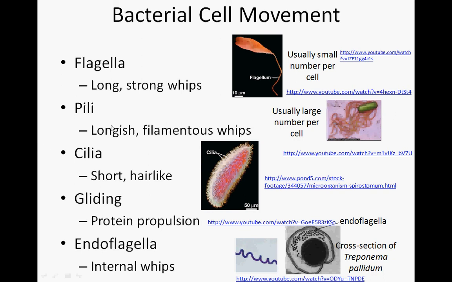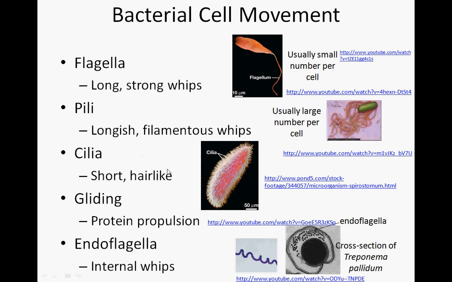Okay, so pili are a little different. These are shorter than flagella but longer than cilia. And these are filamentous, they're fragile, they're also kind of like whips. They tend to be all over the cell's surface, much shorter than flagella are, and their motion is not nearly as strong. So when you have movement by pili, you tend to have much smoother motion.